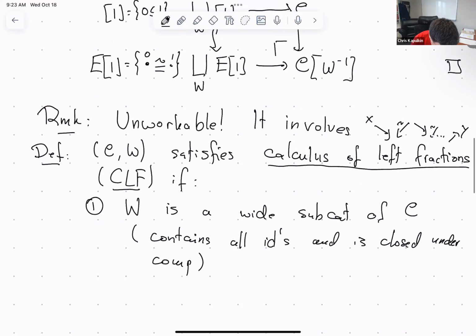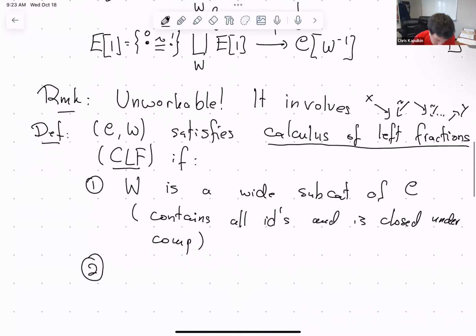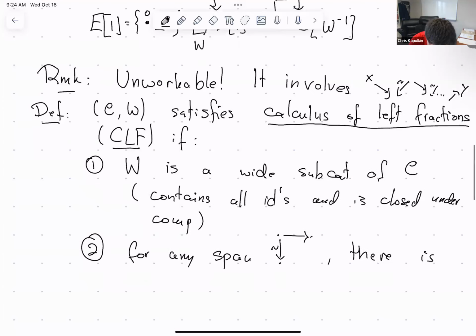Okay. Number two, for any span like so, I have a span in which one leg is a weak equivalence. So I have three objects, two morphisms, and one of those morphisms is a weak equivalence. There is a commutative square.